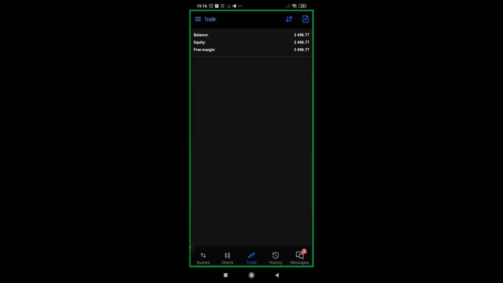For a beginner, I would recommend a maximum leverage of 1 to 100. If you use 1 to 100 leverage, that means the broker is matching every dollar that you have with $100.